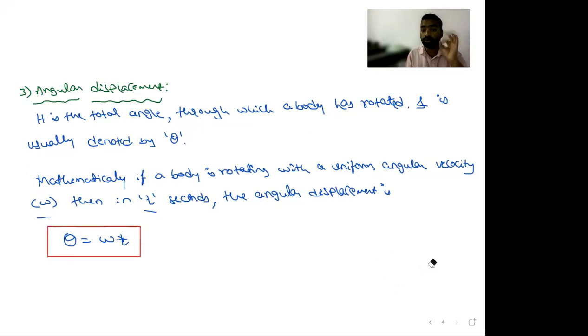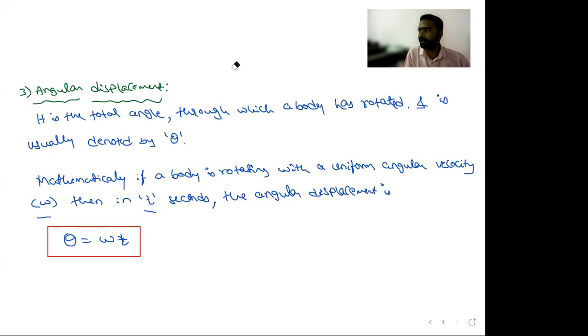This difference you should remember between linear motion or curvilinear motion and angular motion. What is the unit of theta?